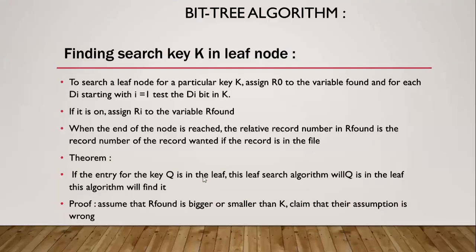This is the theorem: the entry for Q is in the leaf and this leaf searching algorithm will find Q. So we prove that the R value is smaller than K.